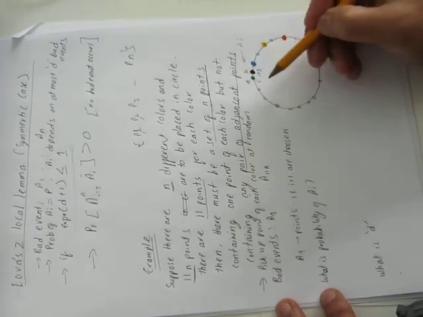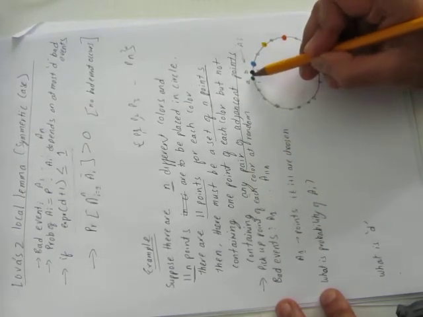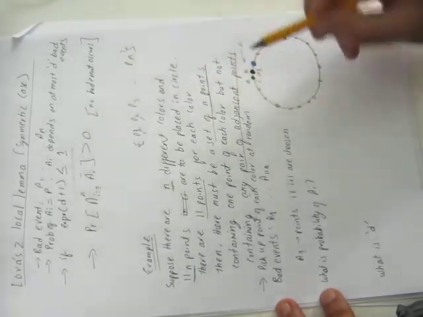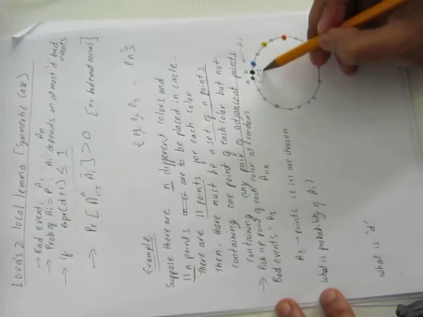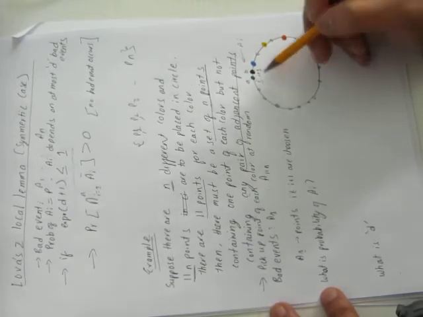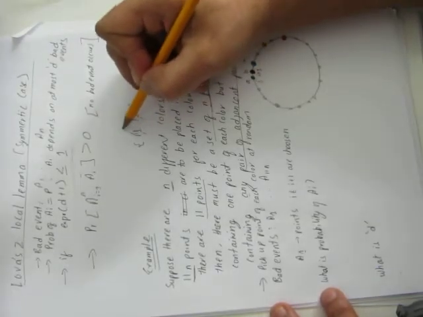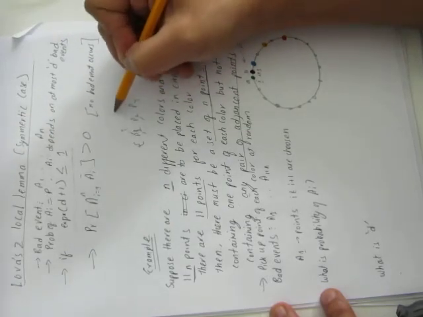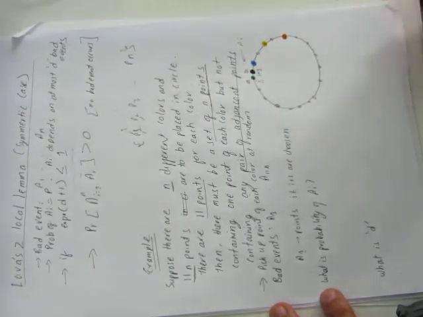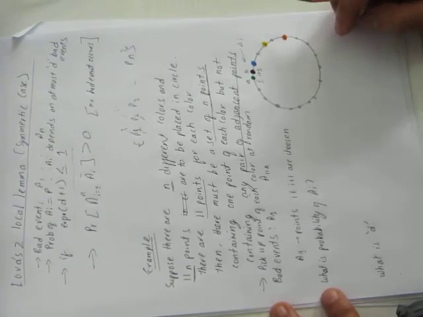So in this set, it should not be i, and it should not be i plus 1. If this is i, then any of the points can't be i plus 1. So they should not be adjacent.